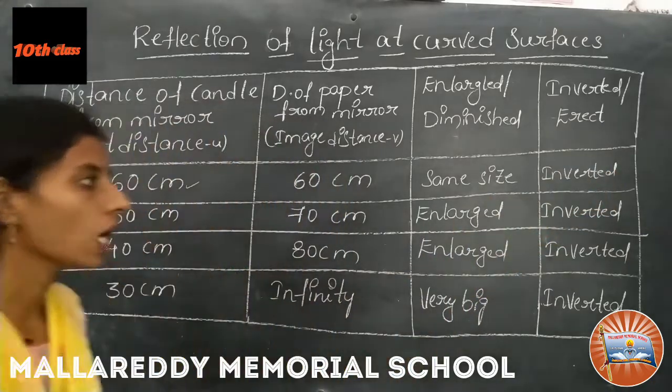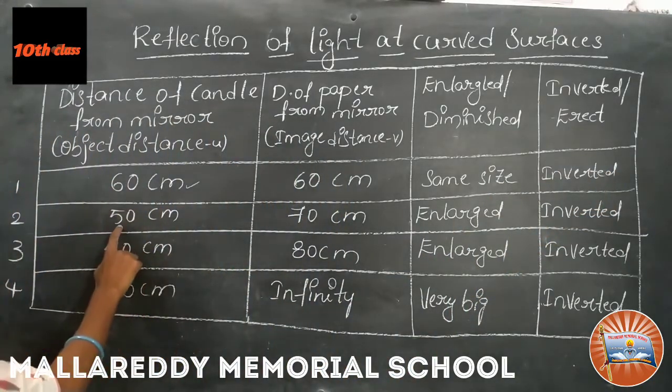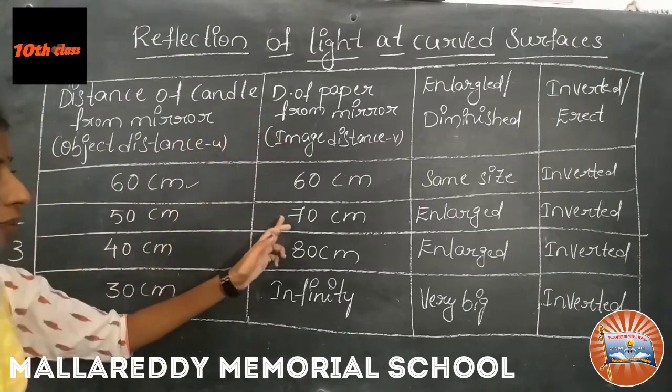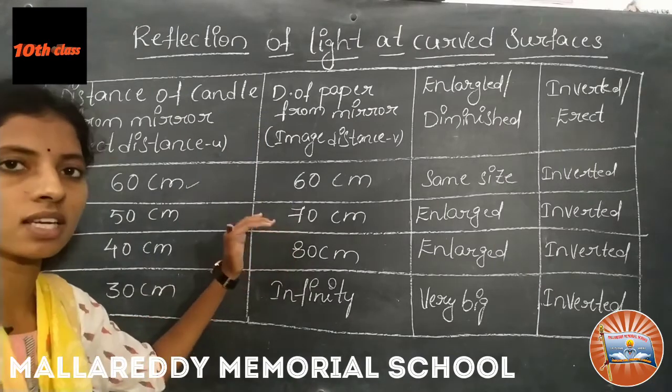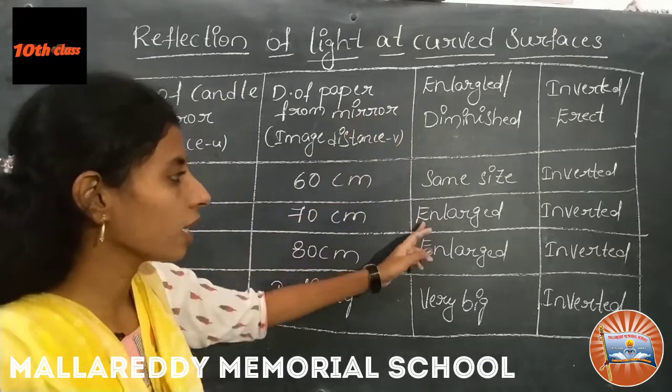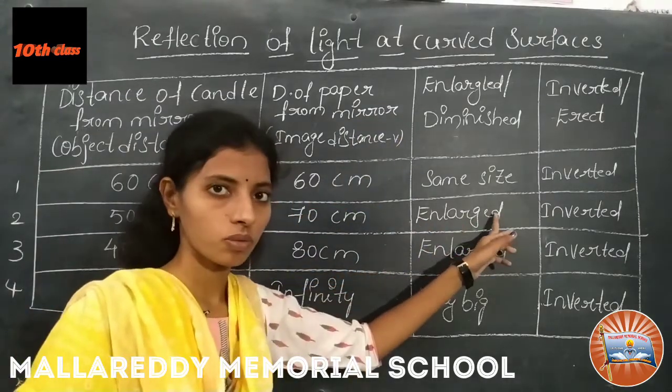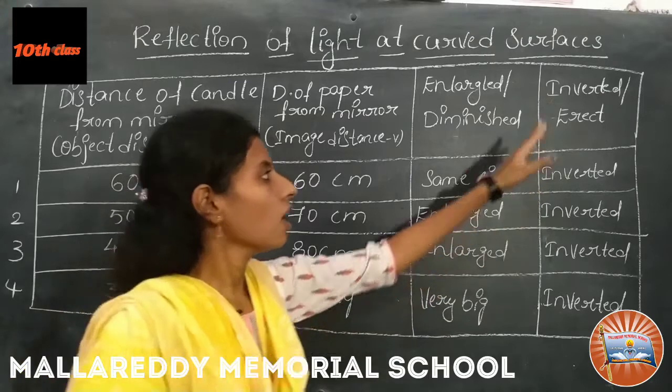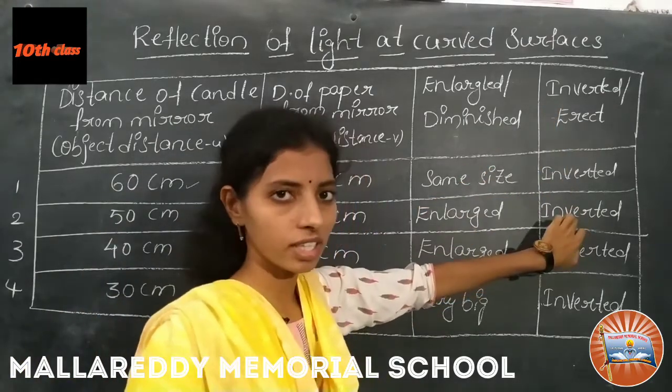Now come to this. If the object distance is 50 centimeters, we will get the image distance at 70 centimeters. This time the image is enlarged, and it is inverted.